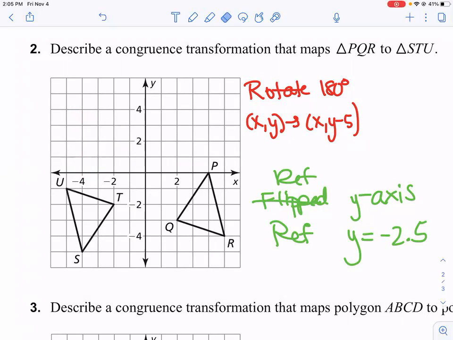Okay, if we go across the y-axis, we would go here, here, and here. Oh. Like that, right?